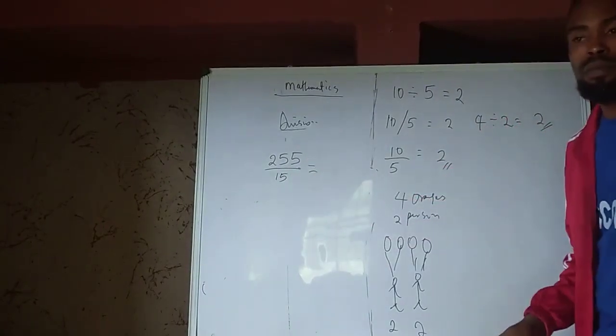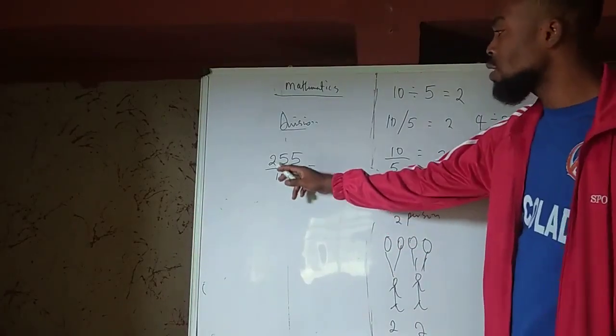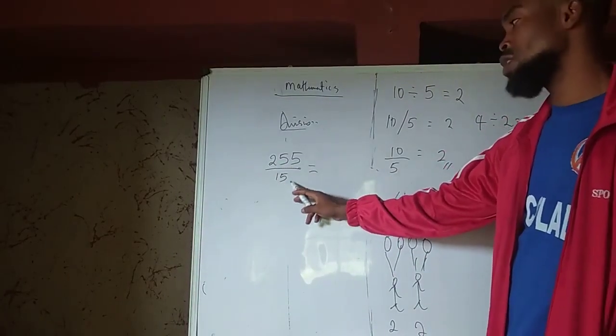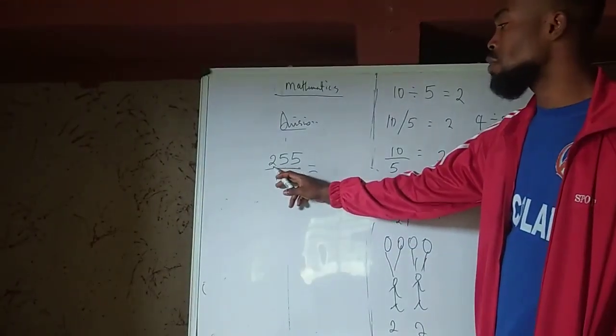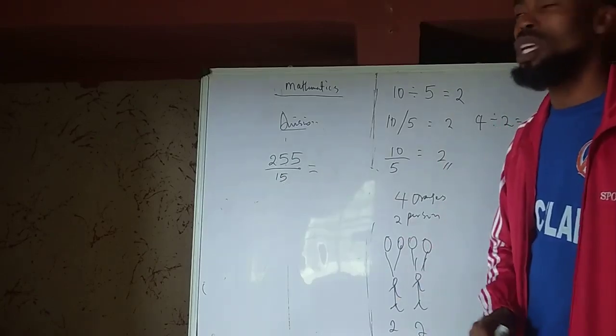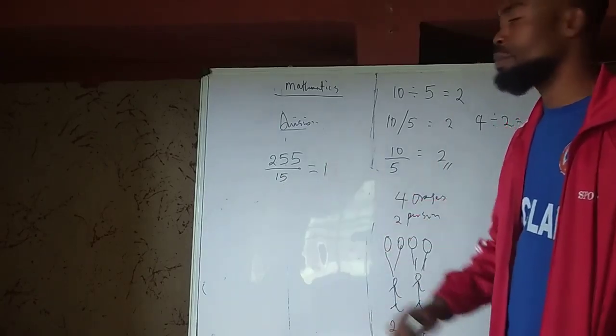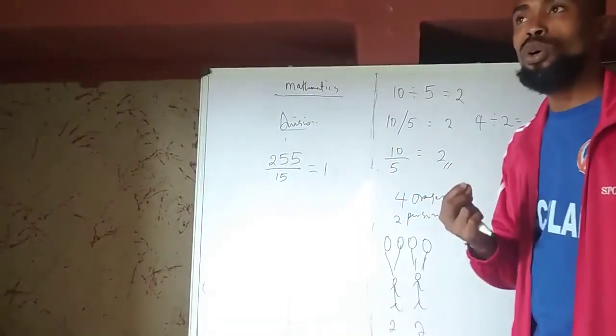Divided by 15. Okay, so to do this division, of course there is no need using 1 digit because this number is actually 2 digits already. Then we can use 2 digits here. 25. 25 divided by 15. How many times would that go? It will go 1 time. Are you with me? To go one time, remaining a whole 10.